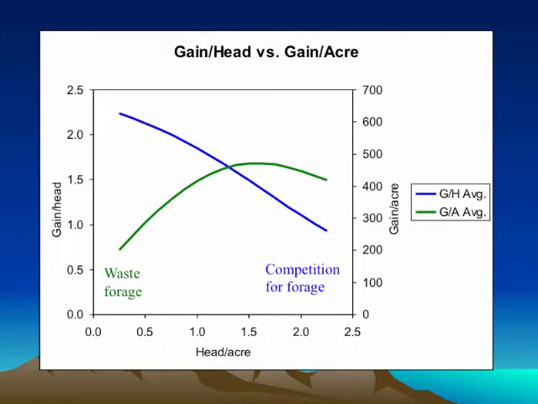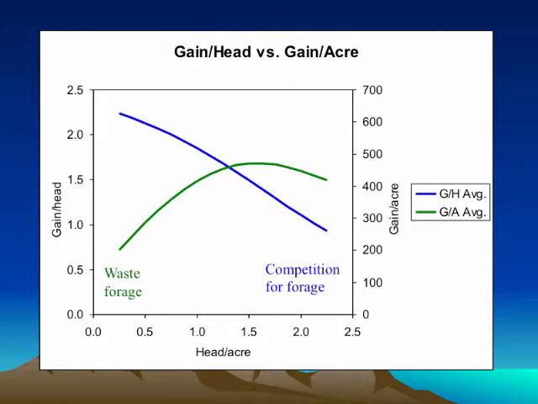Okay, gain per head versus gain per acre. A lot of you may have seen this sort of thing. As I increase my stocking rate on a grazing unit, the gain per head is going to go down. Over here at the low stocking rate, I'm wasting forage.